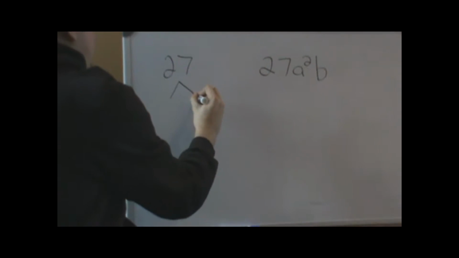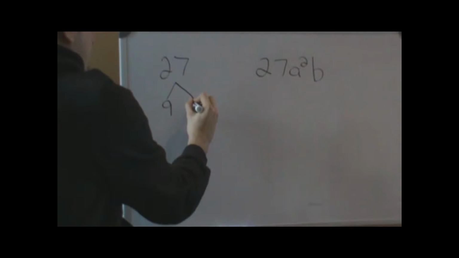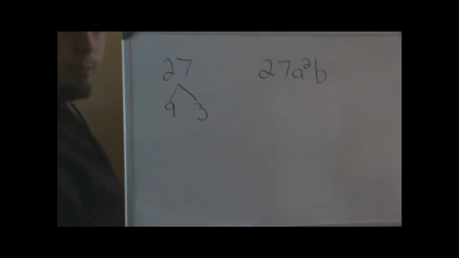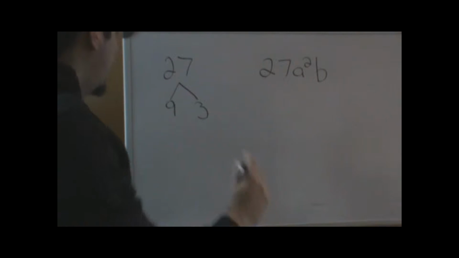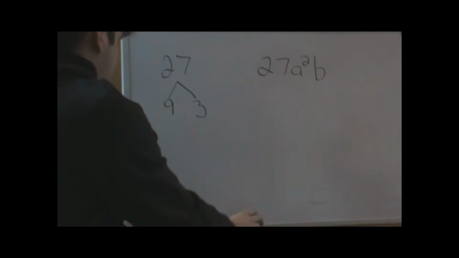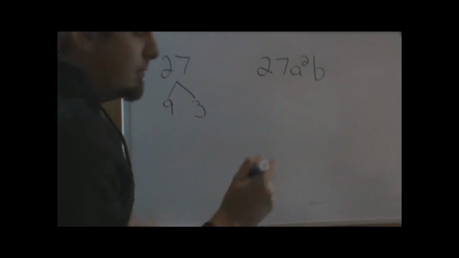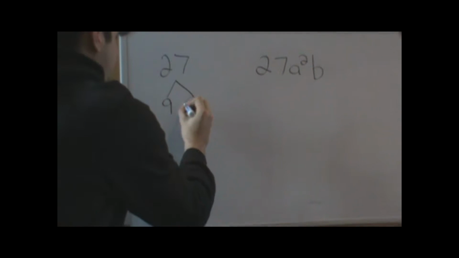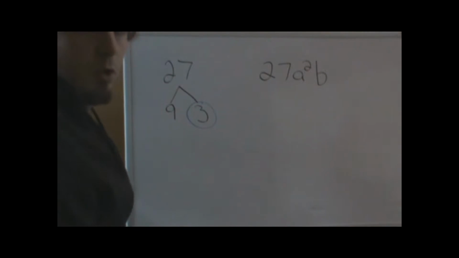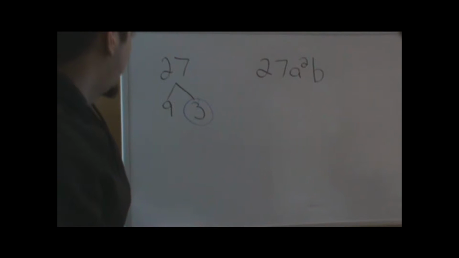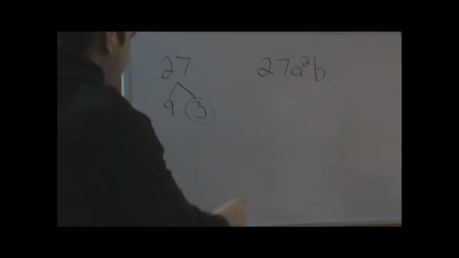I know that 9 times 3 is 27. One of my branches has ended, so I know that 3 is part of my prime factorization at this point.